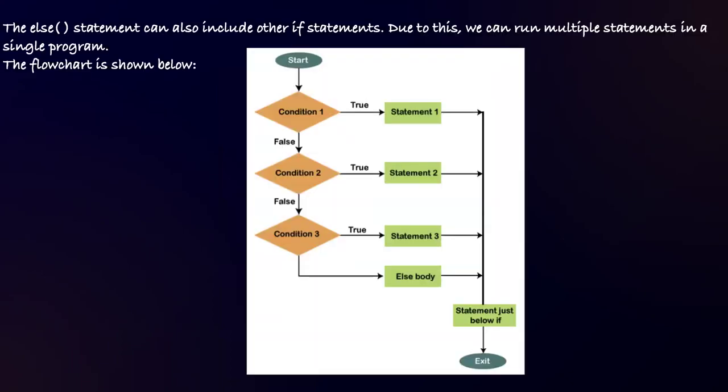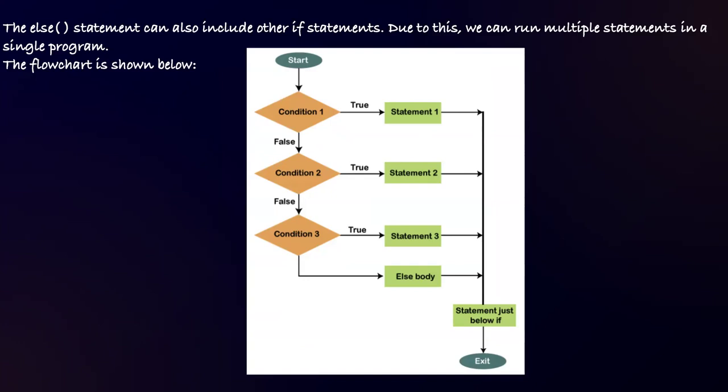Okay. See, the else statement can also include other if statements. Due to this, we can run multiple statements in a single program. So that is what we are doing basically. We are using extensively the if else statement.